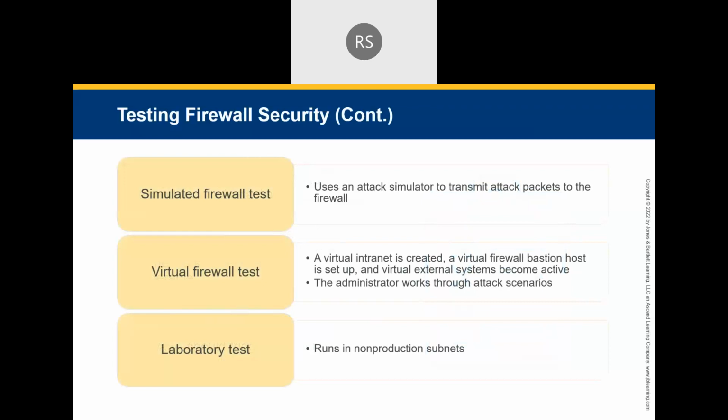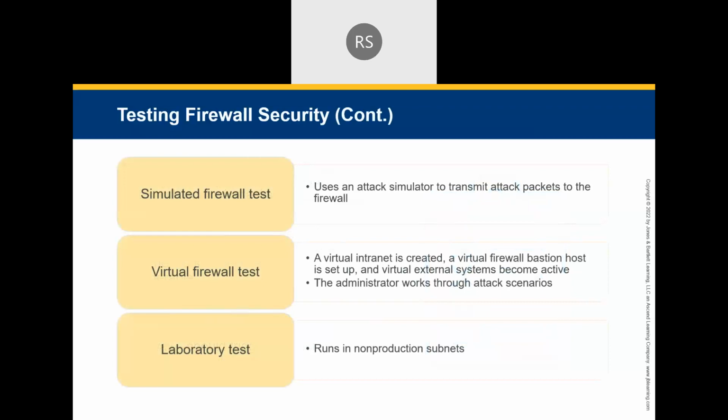A virtual firewall test is where a virtual firewall bastion host is set up and virtual external systems become active. With the virtual firewall test, the administrators can simulate attack scenarios to observe the firewall's behavior and response. Finally, you have a laboratory test.